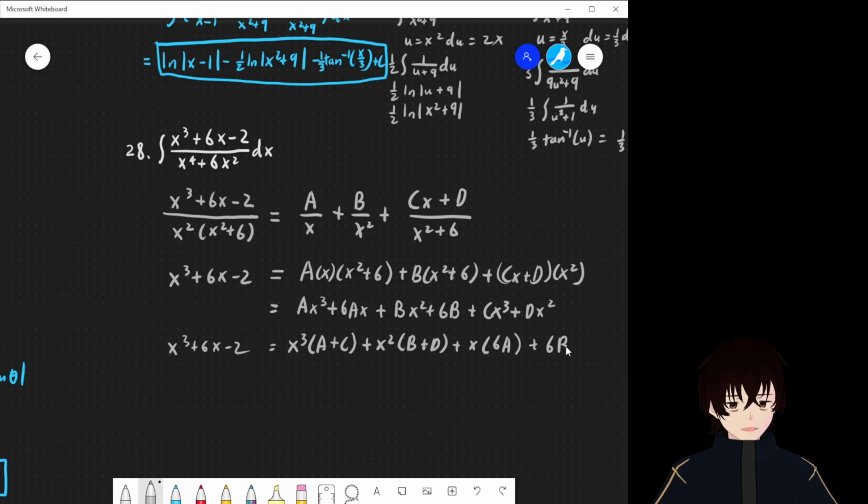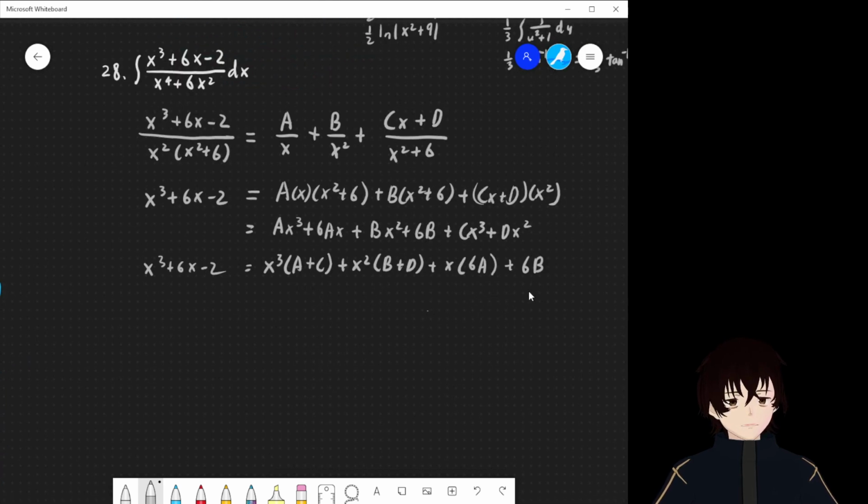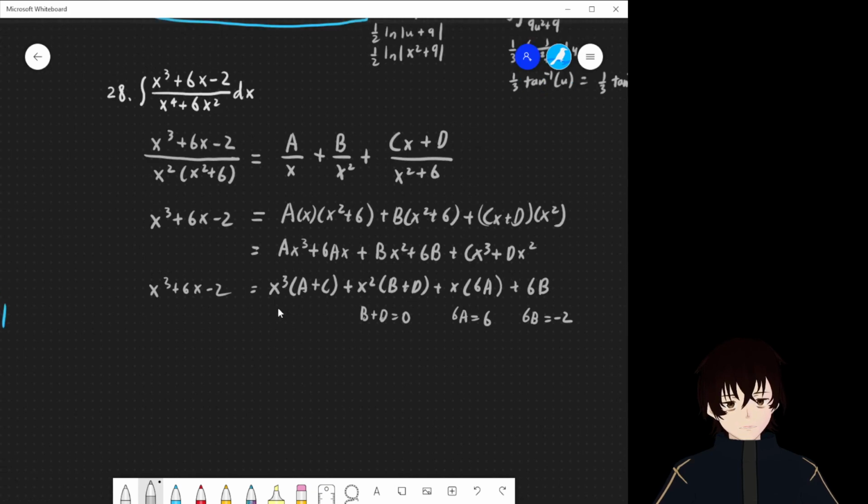Plus 6b. So from this we know that 6b equals -2. 6a equals 6. b plus d equals 0. a plus c equals 1. So b equals -1/3. a equals 1. d equals 1/3. c equals 0.